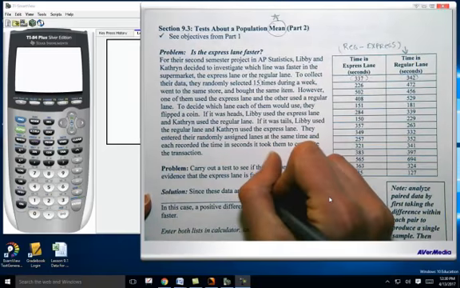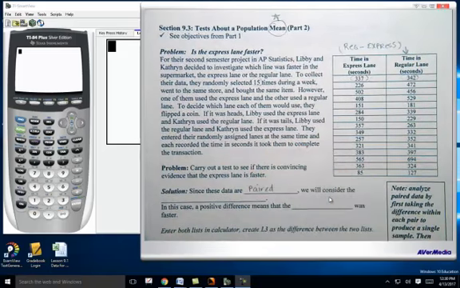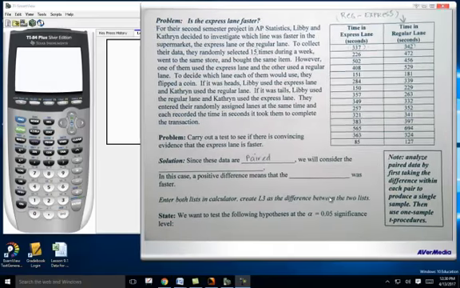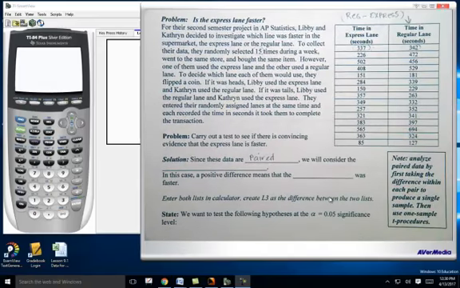The key is that these are paired data. For right now, this doesn't matter to you because we haven't learned about anything else, but come chapter 10, we're going to be looking at two separate samples and calculating a difference between two separate samples, and that's different from what we're doing here.